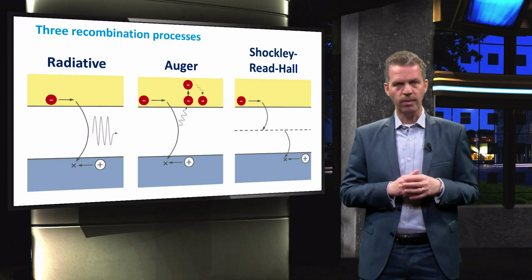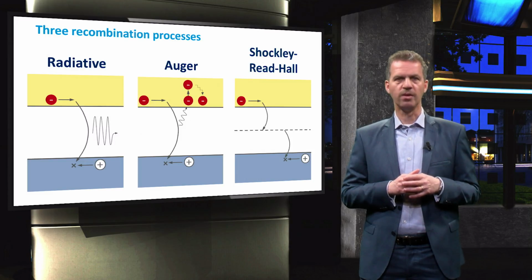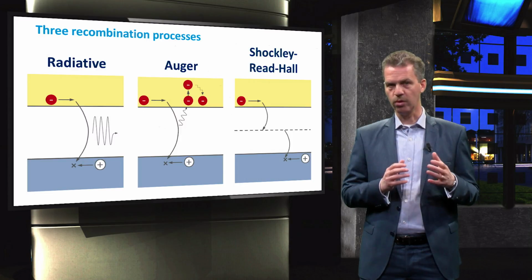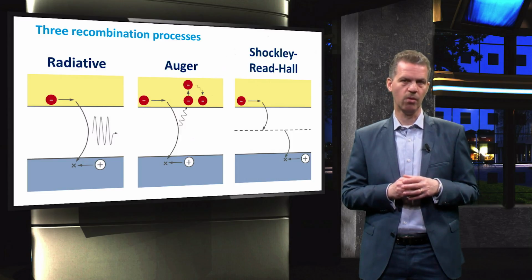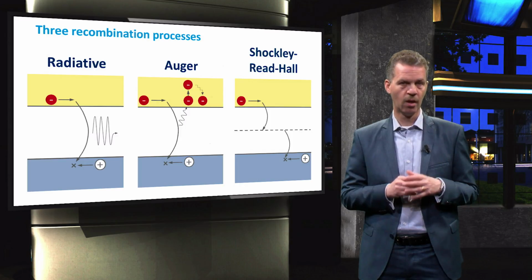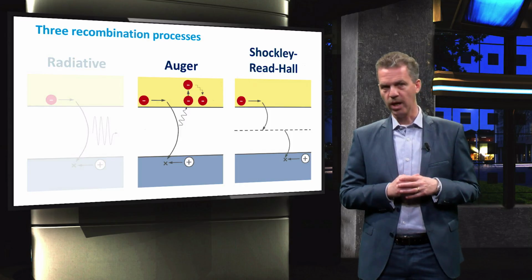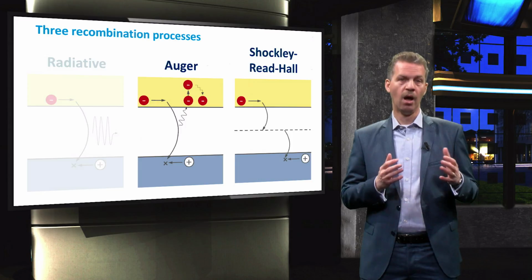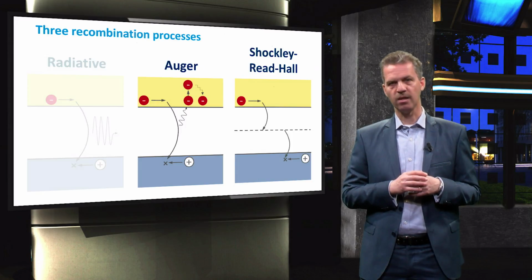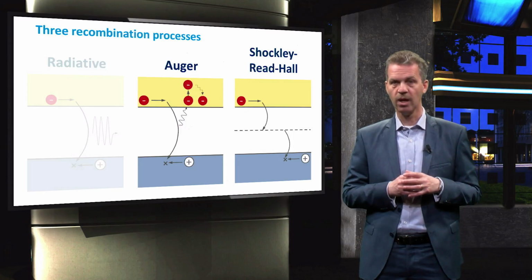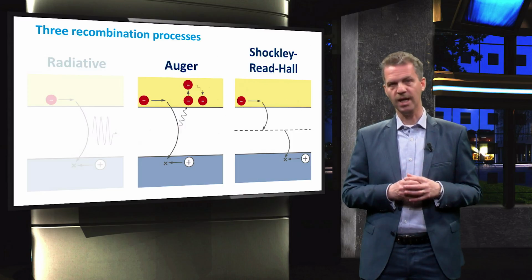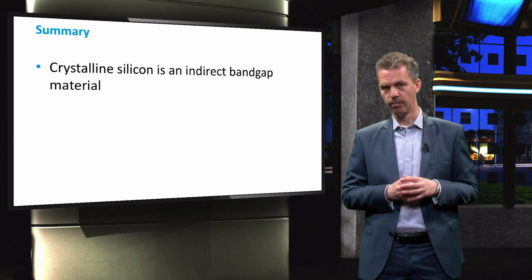However, when the momentum of the electron and hole are not equal, the process should include a phonon to conserve crystal momentum, which is less likely to occur. For this reason, radiative recombination rate can be neglected in indirect bandgap materials like silicon. The positive side is that the lifetime of excess charge carriers and thus the diffusion length is long, since they are less likely to recombine.